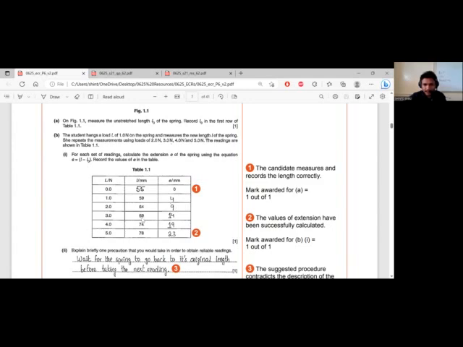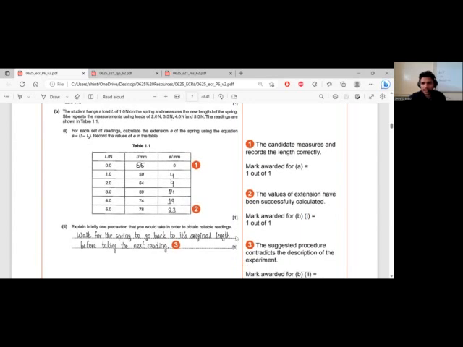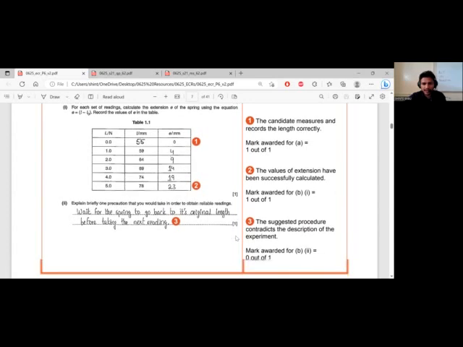This is 64 to 69, so this has to be from 9 to 14. Then if they have again a 5 millimeter difference, the extension column on the right should also have the same amount of difference. Now here it is having a difference of 4 millimeters, so this should also have 4 millimeter. For this, the candidate got 1 mark each.